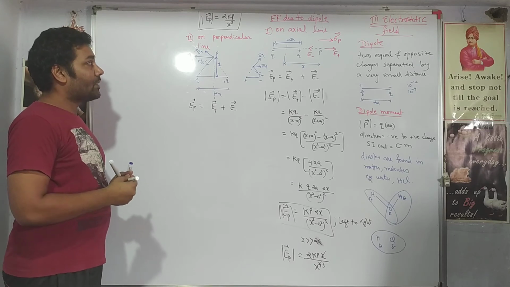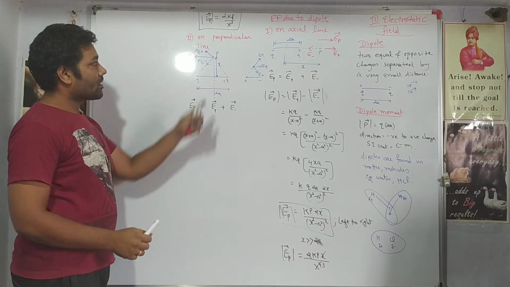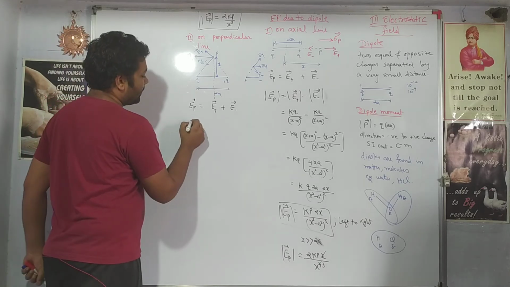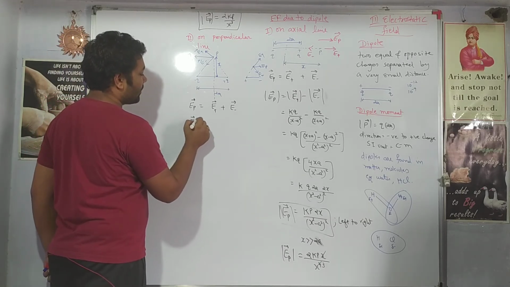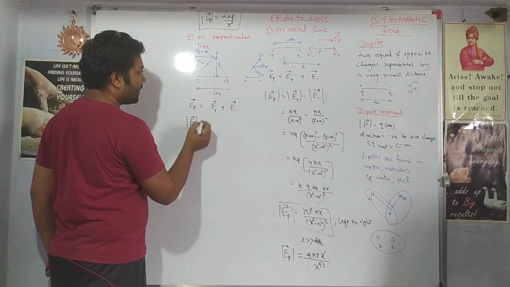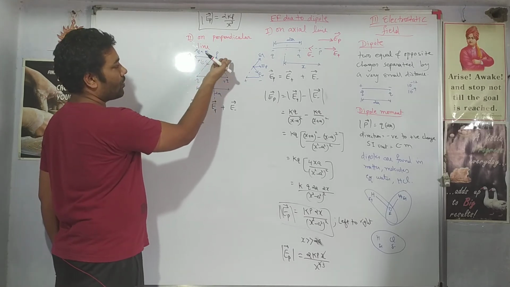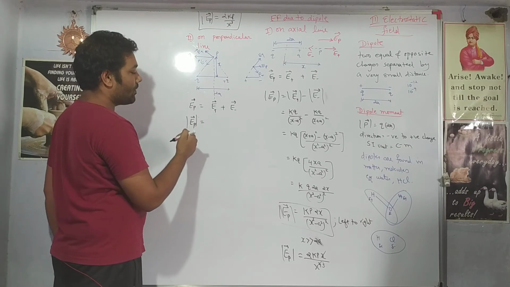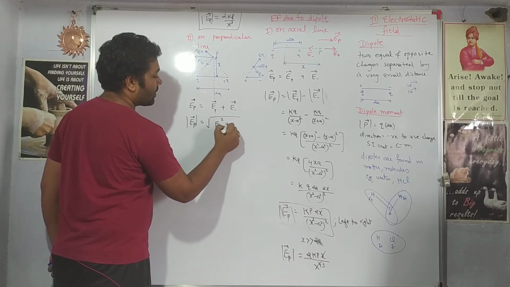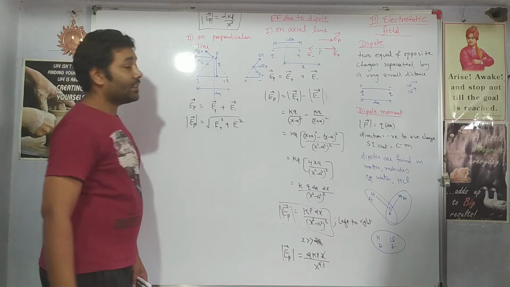We have to evaluate this. How will you evaluate this? If you closely see this, can I write the electric field due to the positive charge has a magnitude, and the direction we already have, it is from left to right, so we just have to evaluate the magnitude. So it will be square root of E plus squared E minus squared. Can I write it this way?